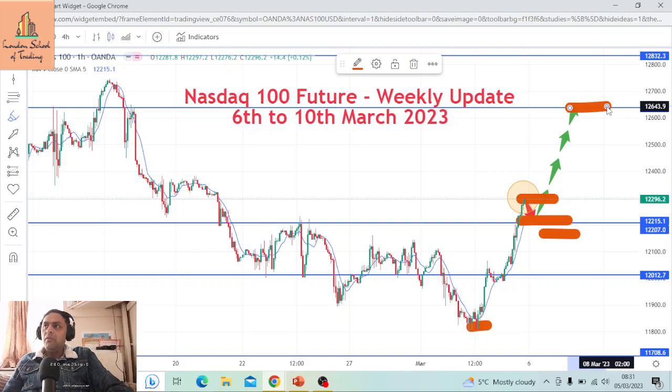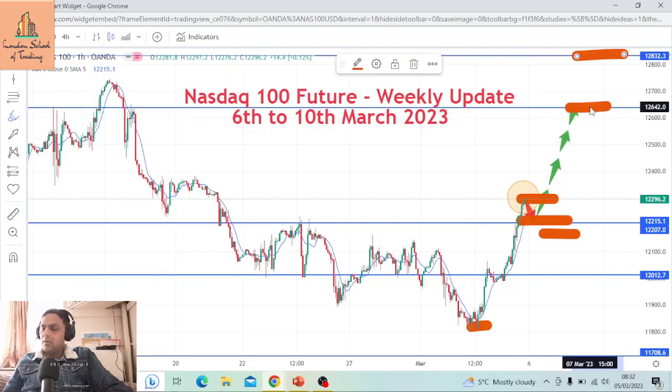And if the testimony also shows some bullish signal, then it will cross this level and touch 12,800. Okay, so just put your stop loss at 12,150 level and go in on the buying side.